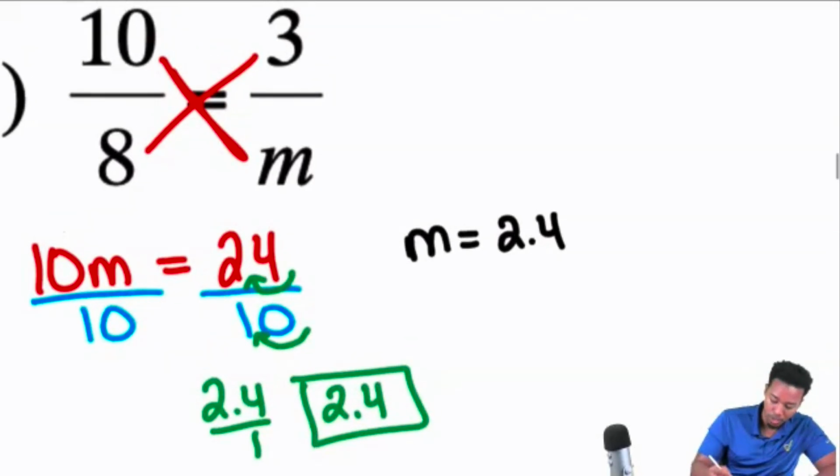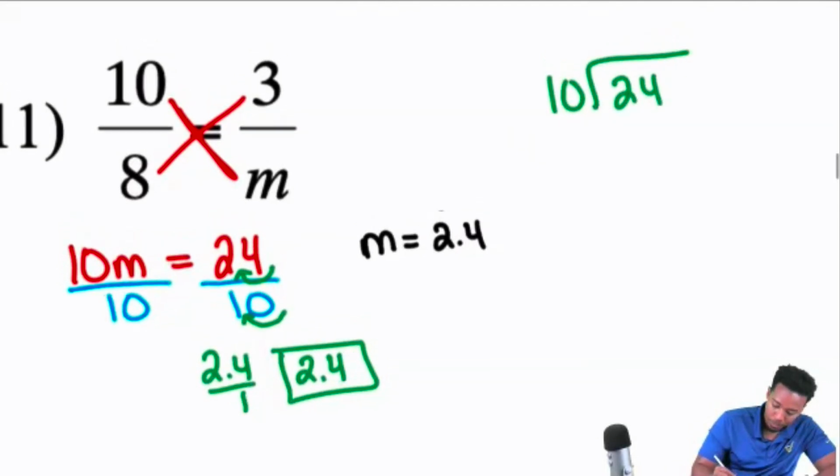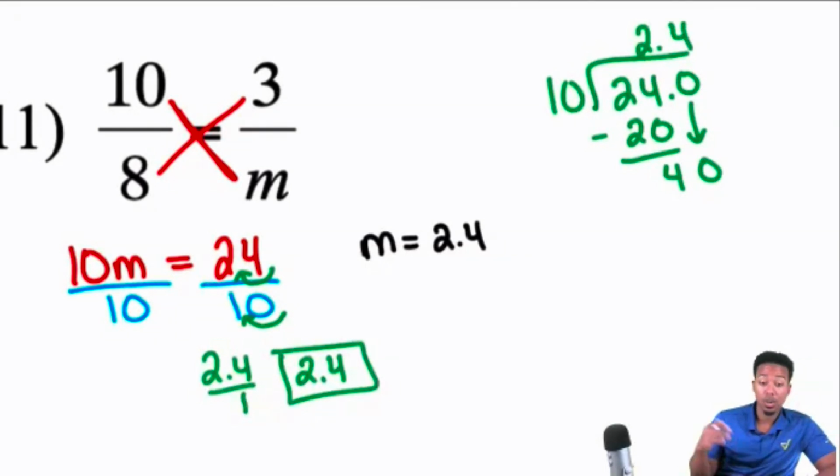So if you're doing it the other way, I'm going to leave that right there for you. But you could also just go ahead and take a look at this like this. 10 goes into 20 2 times. 10 goes into 40 4 times. So either way, you'll still get it, you'll still have it, and you're all set.